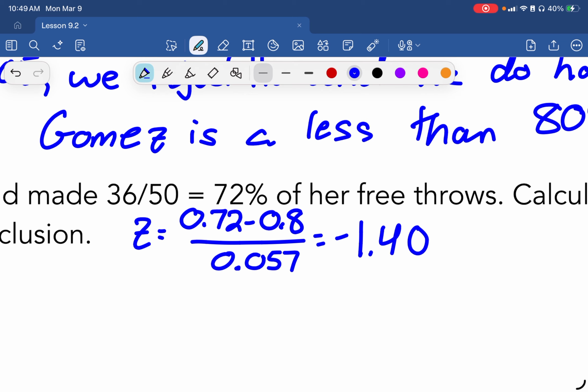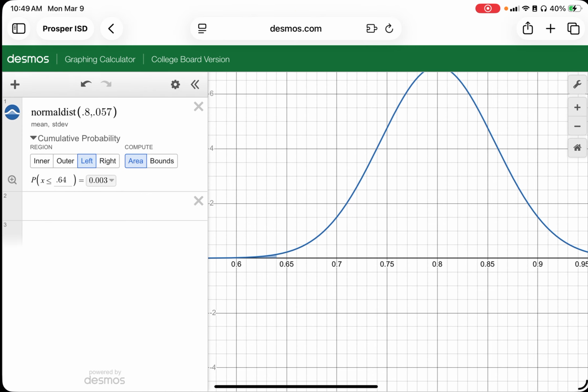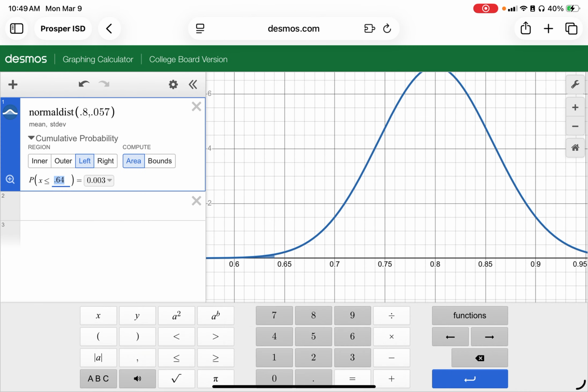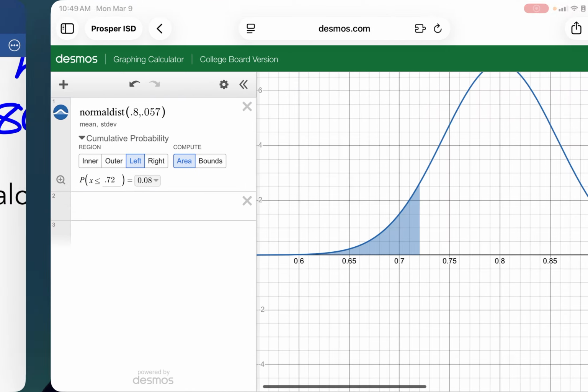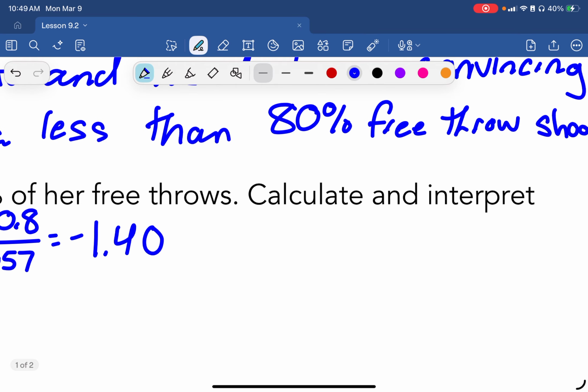You can also look at now being 0.72 and get our p-value of 0.08. However you want to do it, our p-value equals 0.08.